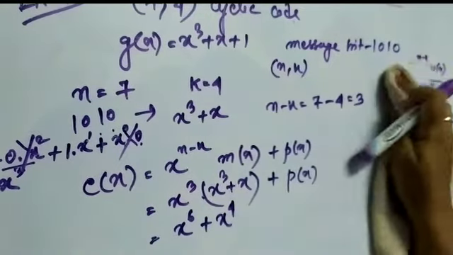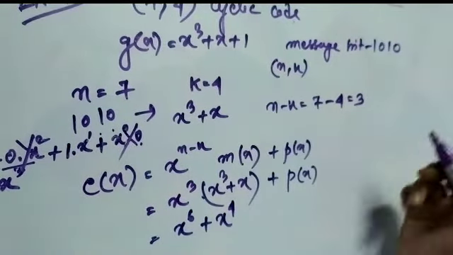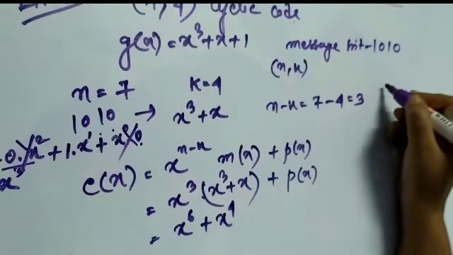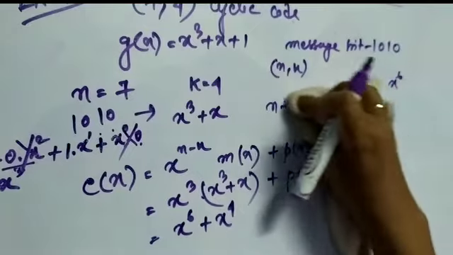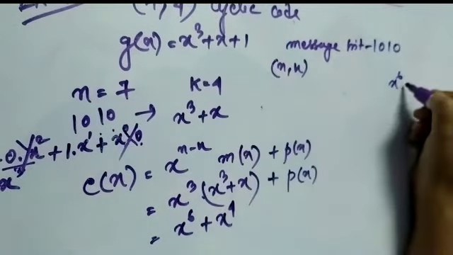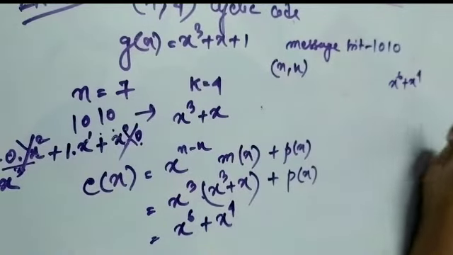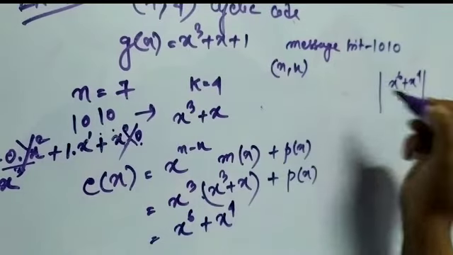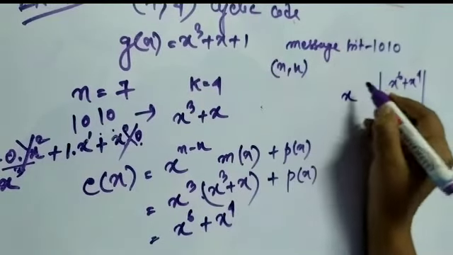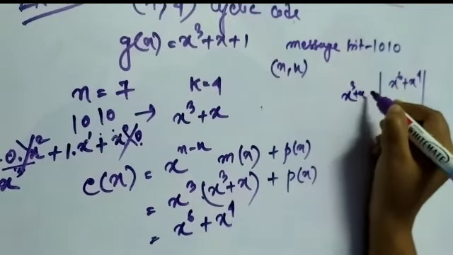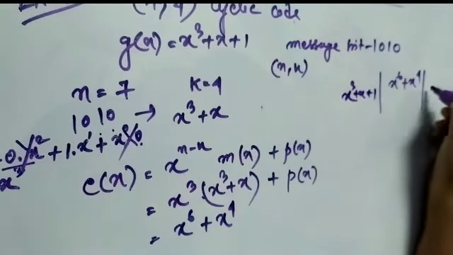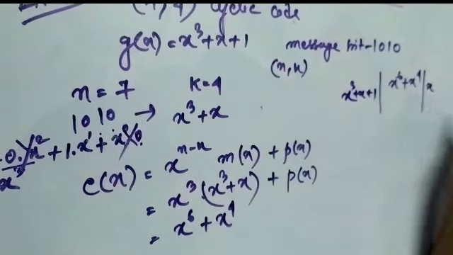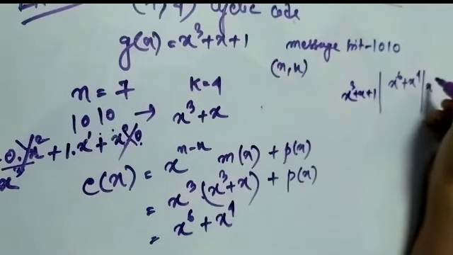So I write here x to the power 6 plus x to the power 4, and here g(x) is x cube plus x plus 1, which is given to you in your problem. Now I will divide it. Again the similar process.